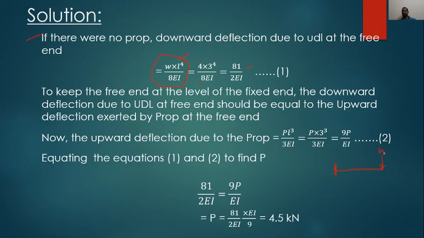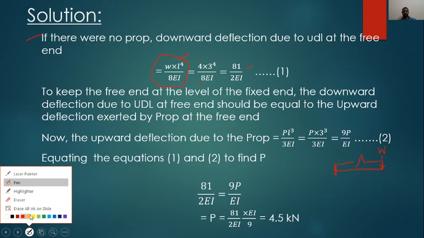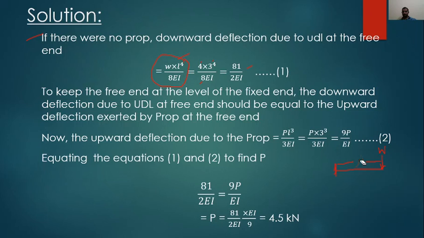Let us say a point load is applied on a cantilever beam. For this particular case, maximum deflection is given by WL cube by 3EI. So in place of W we have P, PL cube by 3EI, and finally it is 9P by EI. Let us say it is equation 2. Now equating 1 and 2, because the final deflection is 0, they are equal but in opposite direction. From this, P can be obtained as 4.5 kilonewtons.